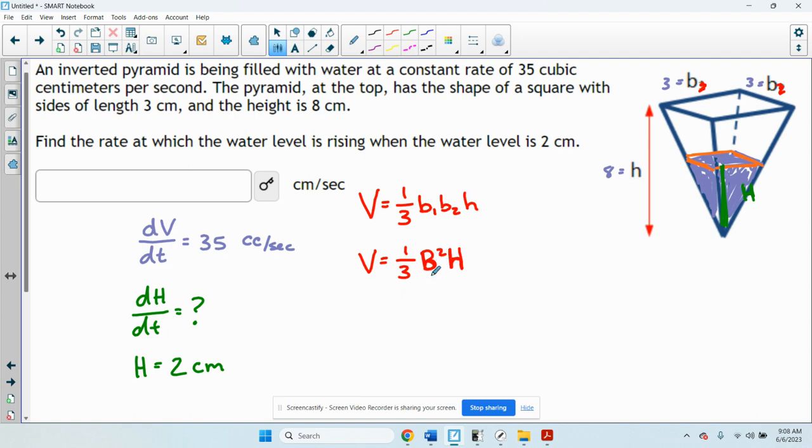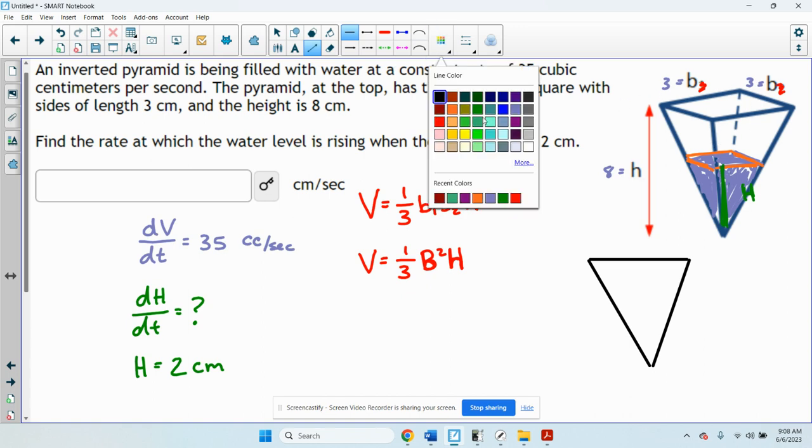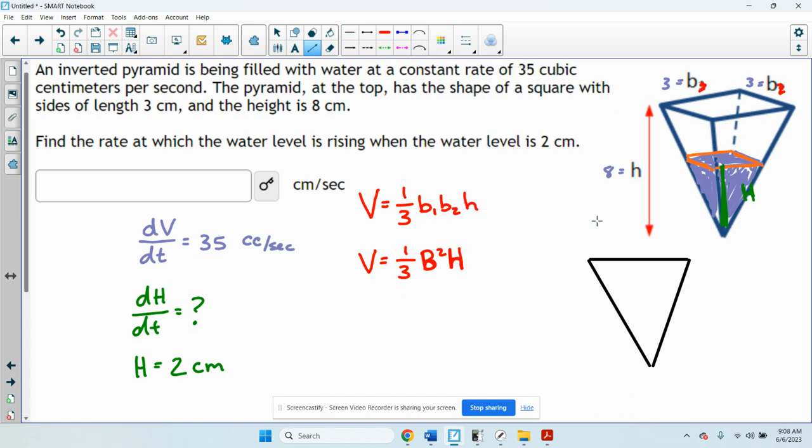So what I can do is replace B with an equivalent expression involving H by using similar triangles. So if you turned this pyramid so it's facing you and you had a triangle like this, that is going to be the big pyramid, and then we'll do a smaller one in blue for the water pyramid. So if I label this big pyramid, this top value is 3.